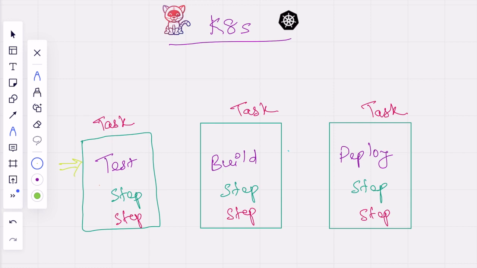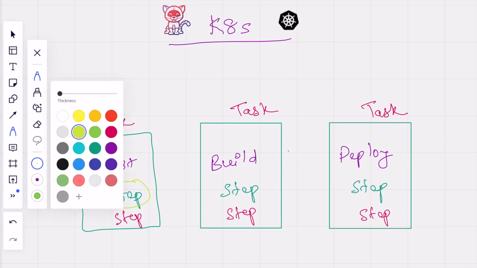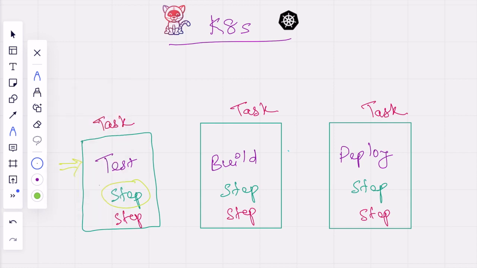That might be one of the steps in the task. Now the output might be a Docker image from the build process. So each task has an input and output.